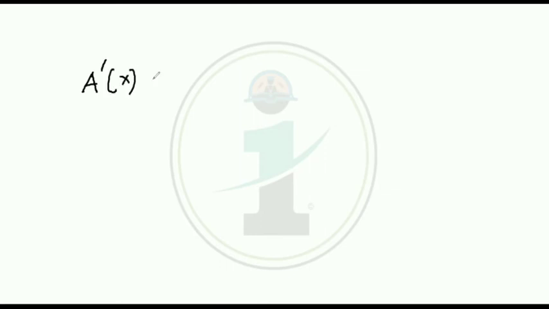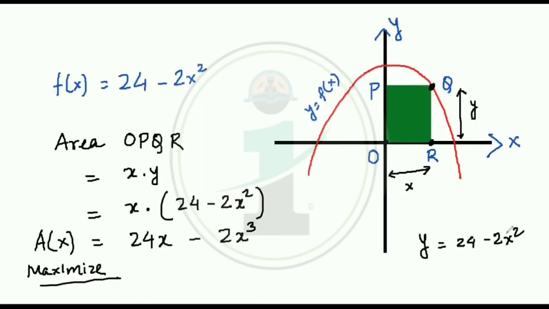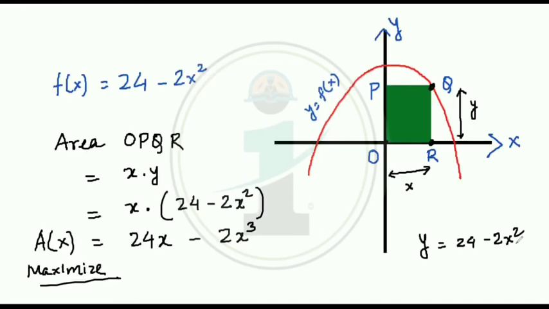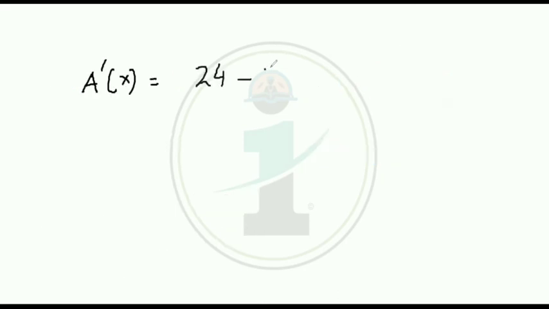So we are finding A prime of x, which would be 24 minus the derivative of 2x cubed, which is 2 times 3x squared, which is 24 minus 6x squared.